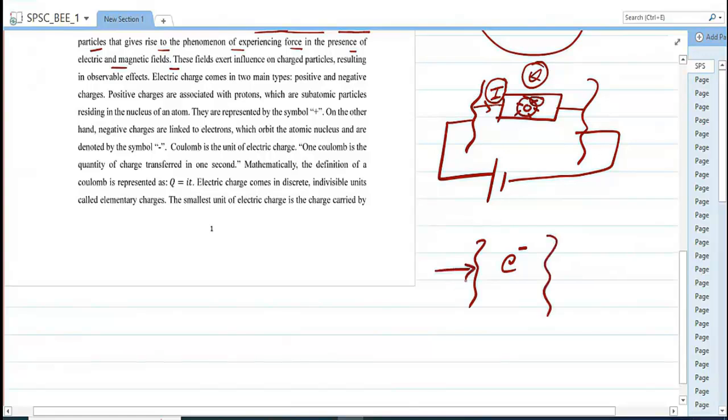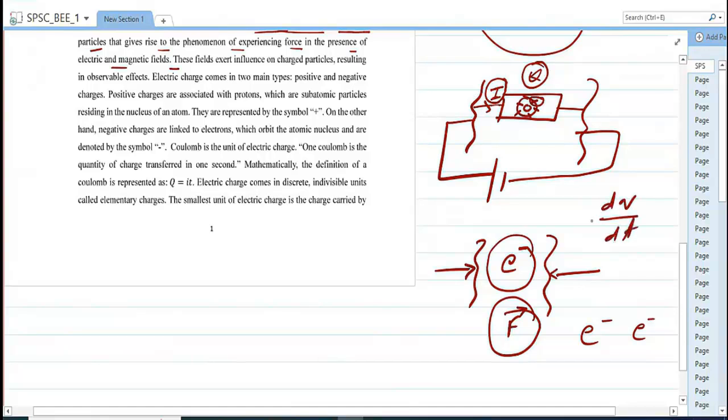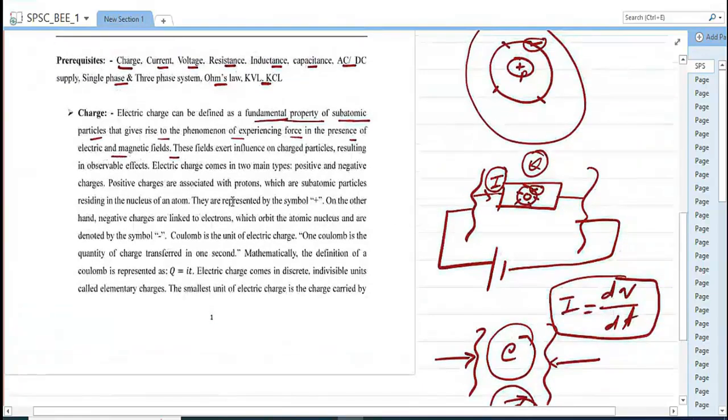If some electric field appears across the charge, it will experience some force, and by virtue of that force it will start moving, changing its position, or we can say change of charge, dq by dt, happens inside the conductor. According to this dq by dt, current will start flowing through the conductor. These are the very theoretical definitions, and again, this definition will not come into your examination.